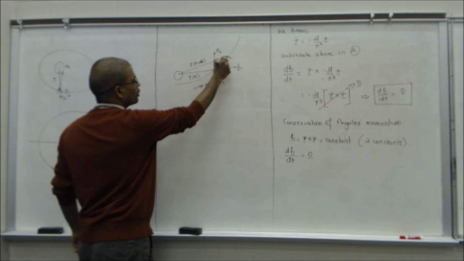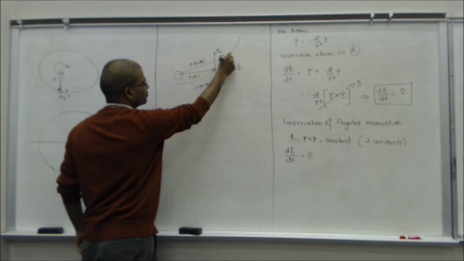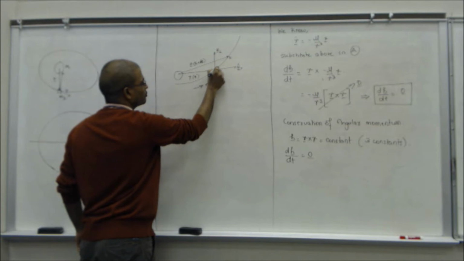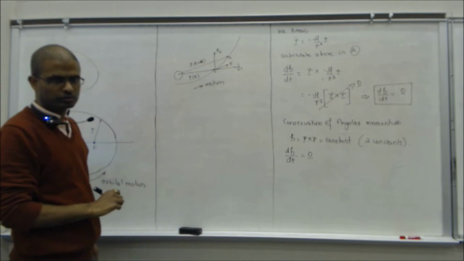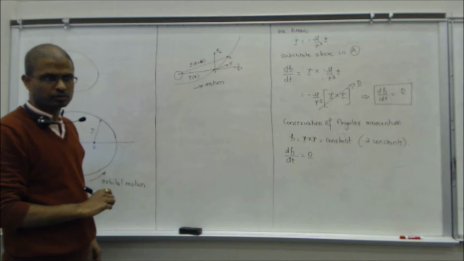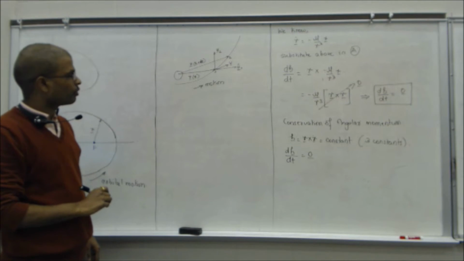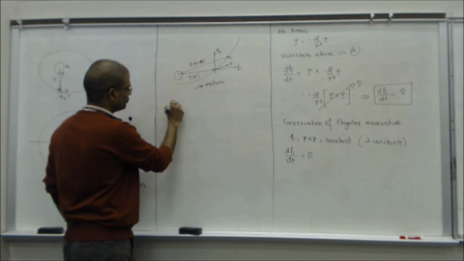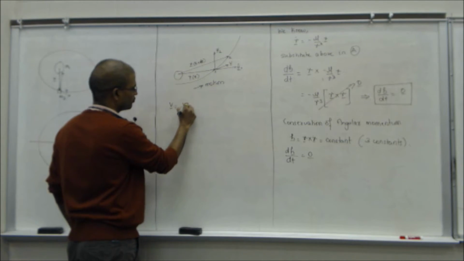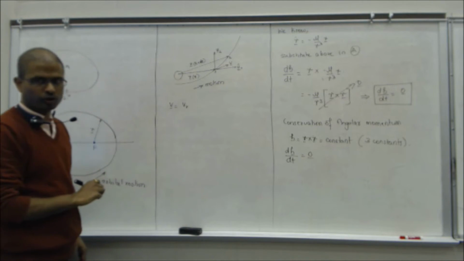This would be your velocity vector, correct? So this velocity vector will always have a VR component.